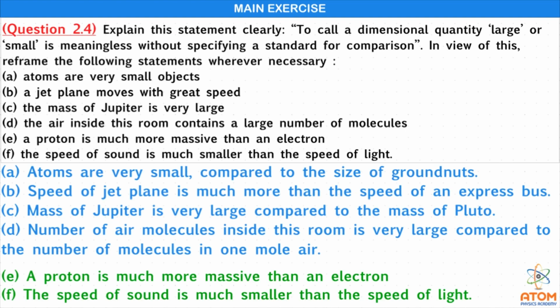So we need not do any corrections there. The statements are: a proton is much more massive than an electron. It is already said that proton is massive than what? Than electron. In the statement F, the speed of sound is much smaller than the speed of light. Here also it is said that the speed of sound is smaller than what? Than the speed of light.